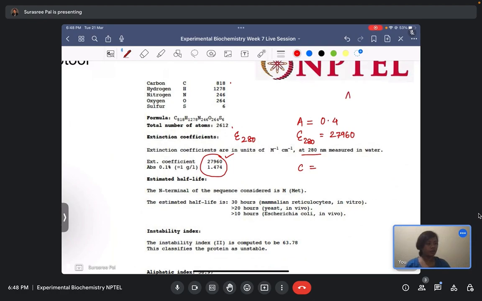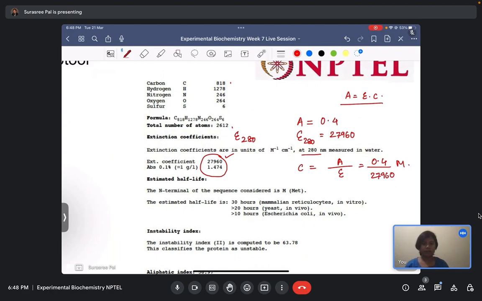According to the Beer-Lambert law, absorbance equals epsilon into concentration for constant path length. So what we do is we essentially divide the absorbance by the extinction coefficient value, so it will be like this, 0.4 by 27960 molar.